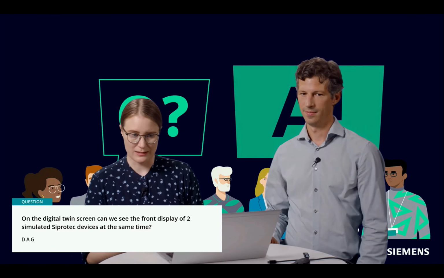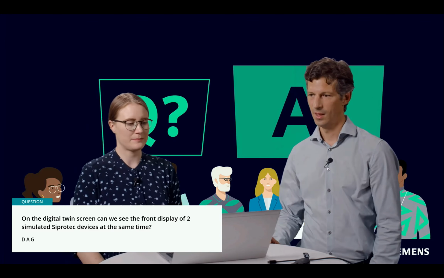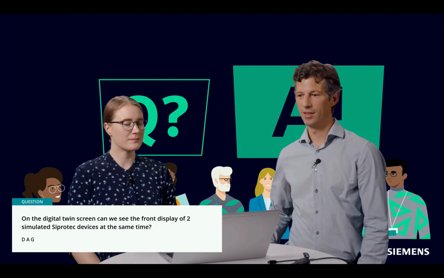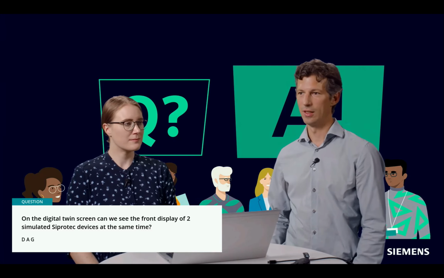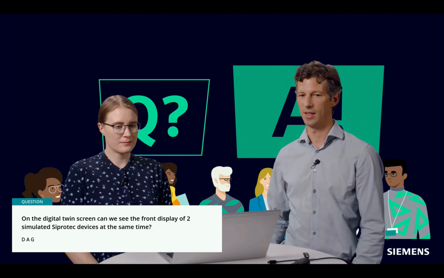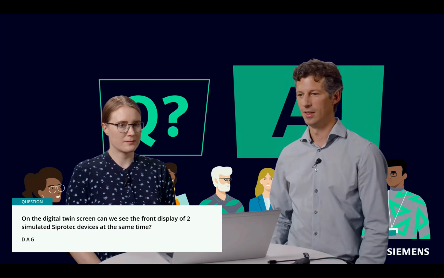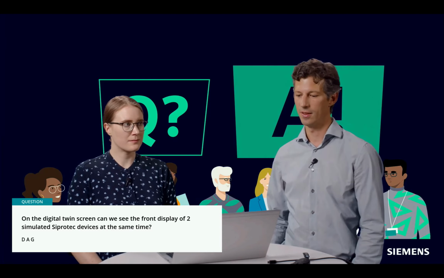Okay, then I want to jump to a question from DHE. On the digital twin screen, can we see the front display on 2 simulated devices at the same time? Yeah, good question. Indeed, you've seen during the demo, currently to fit the screen width, it's one device at a time, where you need to collapse one device and expand the other device.